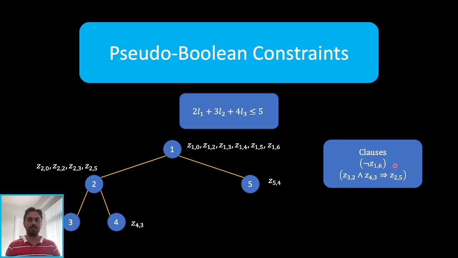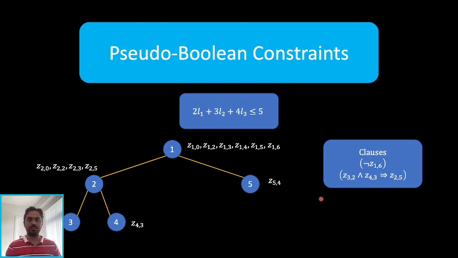For the other nodes, we can simply write clauses like this. This is saying that if z32 is on and z43 is on, then at this point the sum will be 2 plus 3, which is 5. So z25 will be on. That's what this clause is saying.